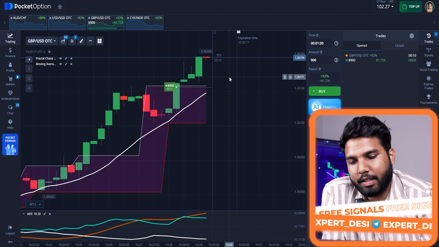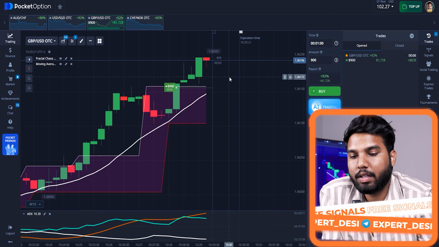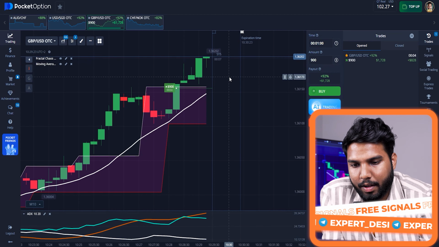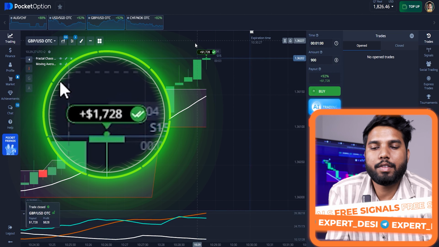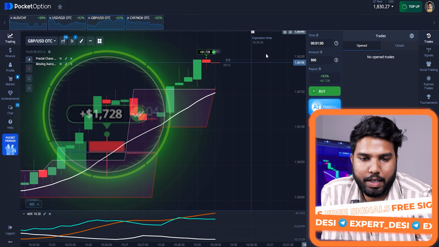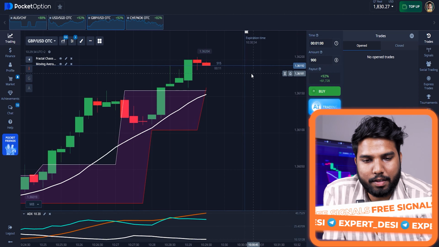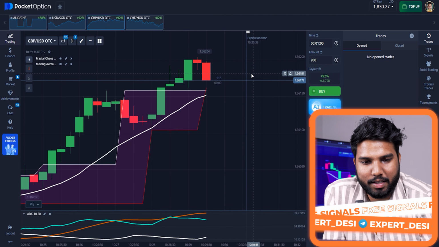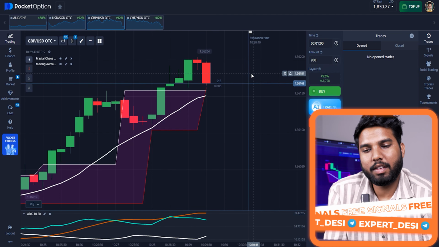We can see that the candles or the market graph is above this moving average line. So 3 seconds and here's the profit of $1,728, and in total we started with $100 and we have made 18x, so $1,830 in our account.